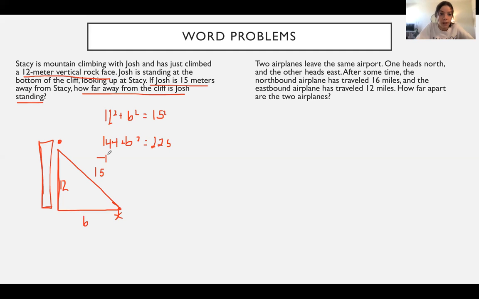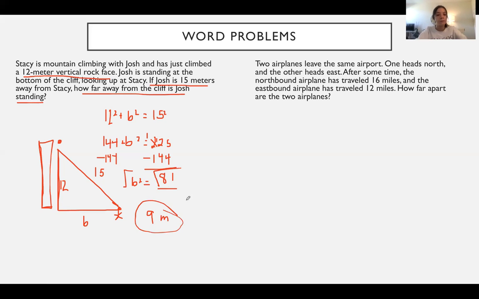We're solving for b, so 225 minus 144. 5 minus 4 is 1, and then we do some long subtraction. This becomes 12, 12 minus 4 is 8, so we get 81. b squared equals 81, and we square root both sides. The square root of 81 is 9. So the answer here is Josh is standing 9 meters away from the vertical rock face.